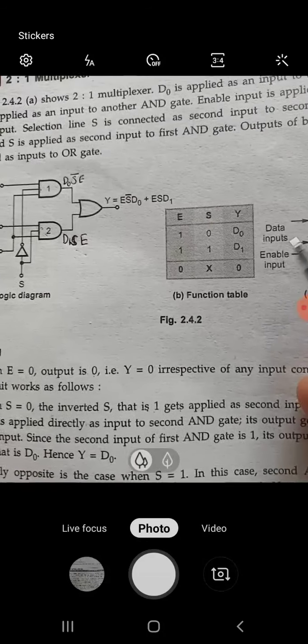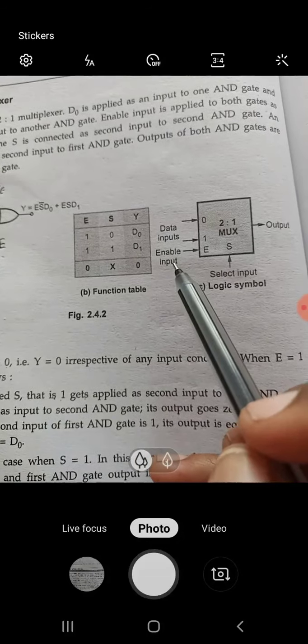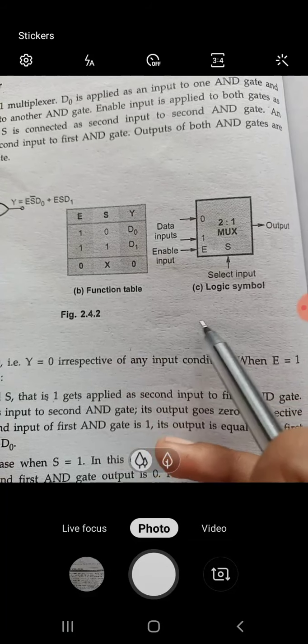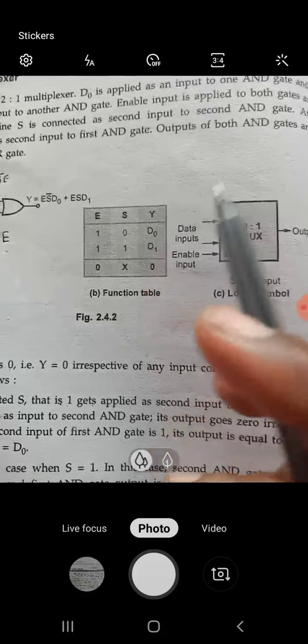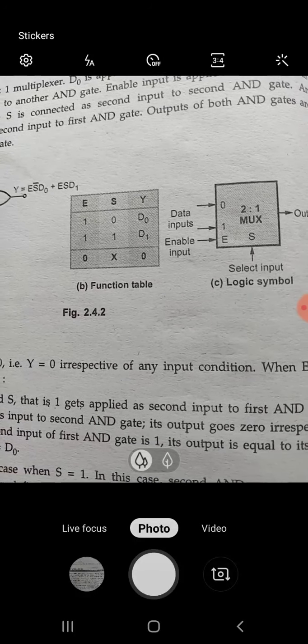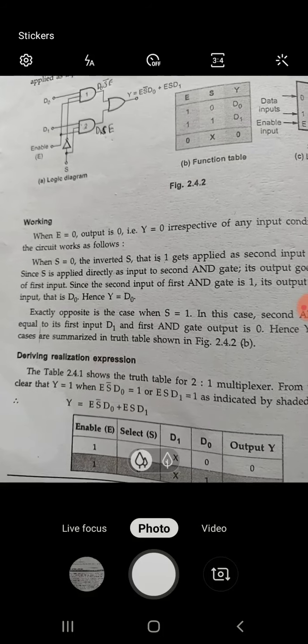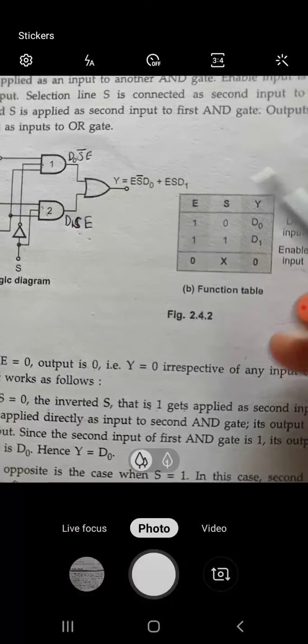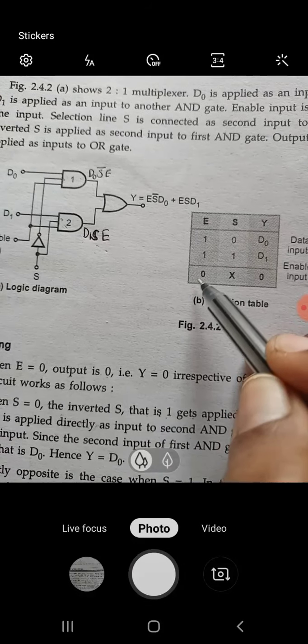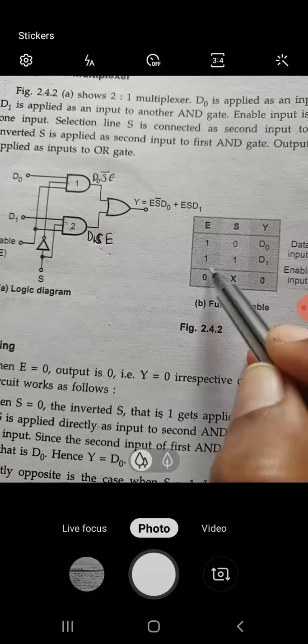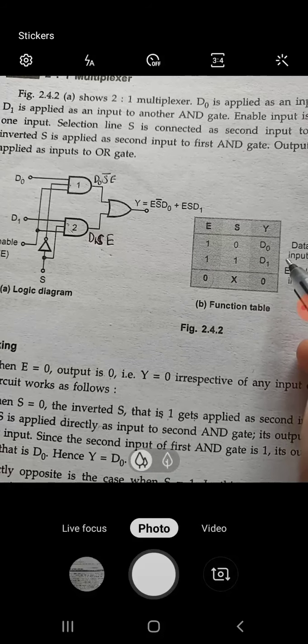So see here, if you give the logical symbolic representation of it, this is how you can see it over here. This is a general explanation. When E is 0, it means whenever your enable input is 0, both D0 and D1 are inactive.